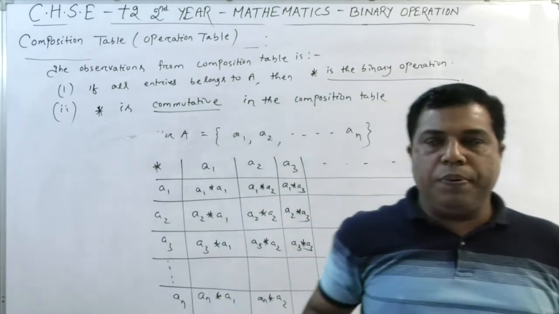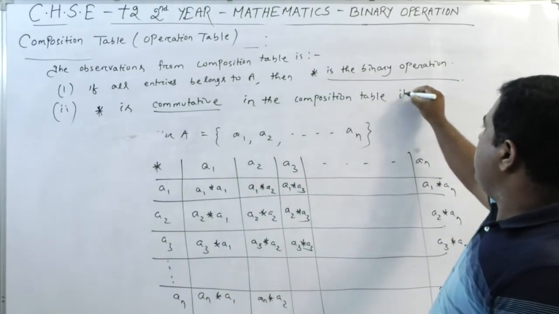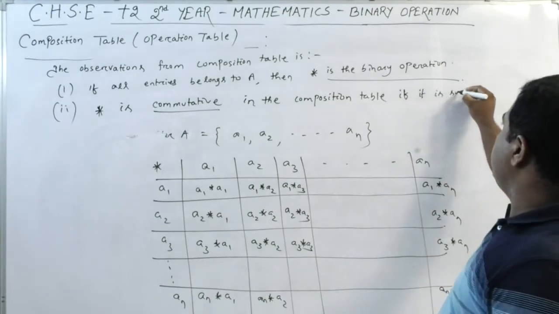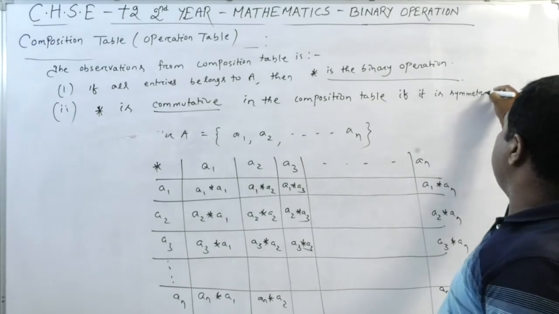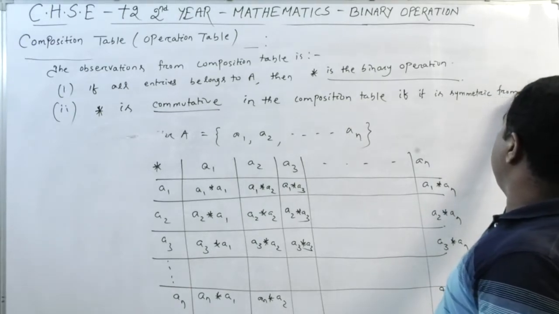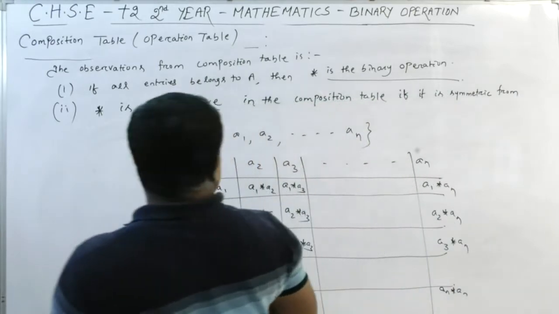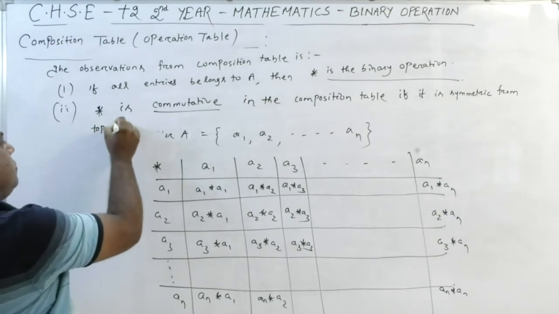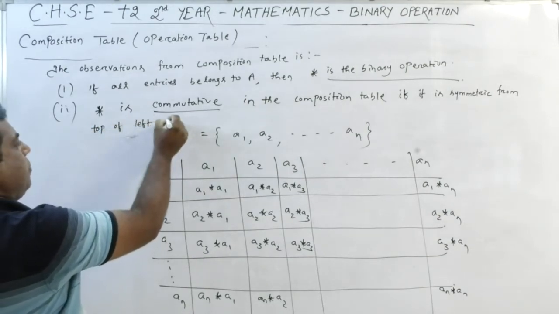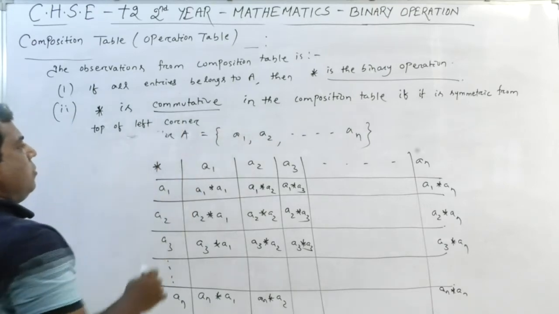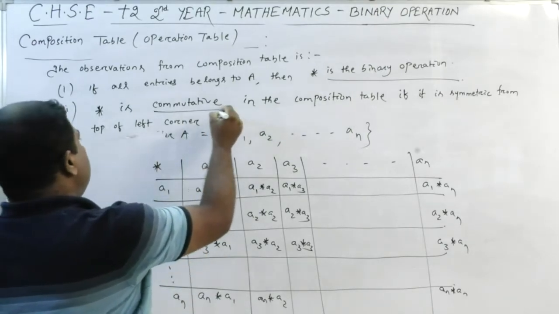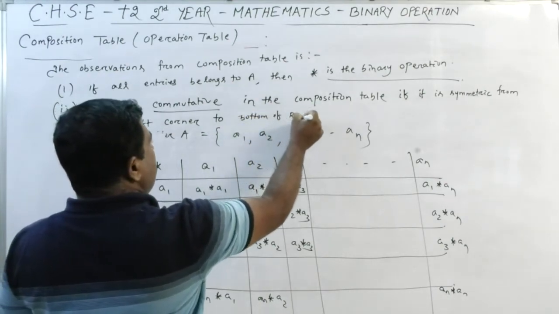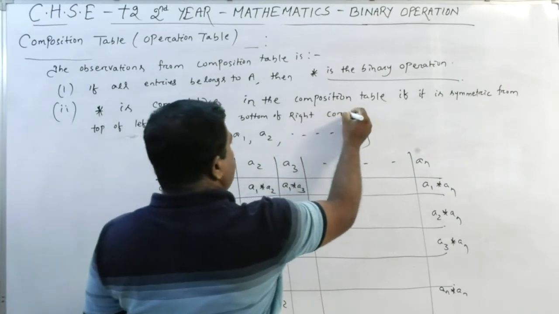If the table is symmetrical from the top left corner to the bottom right corner diagonally.